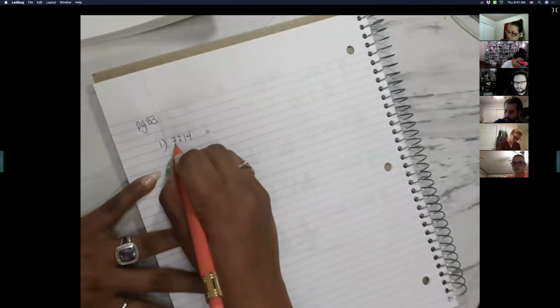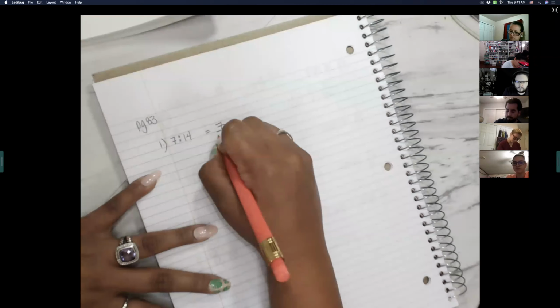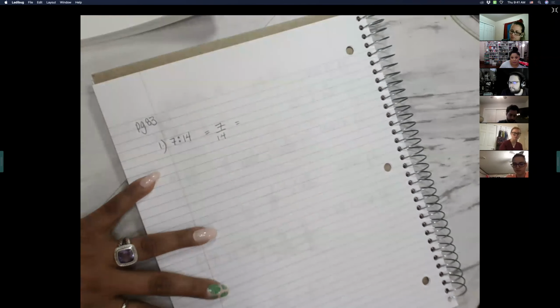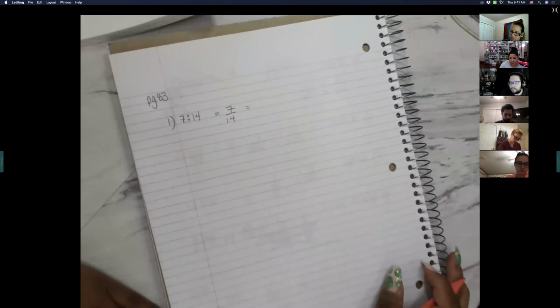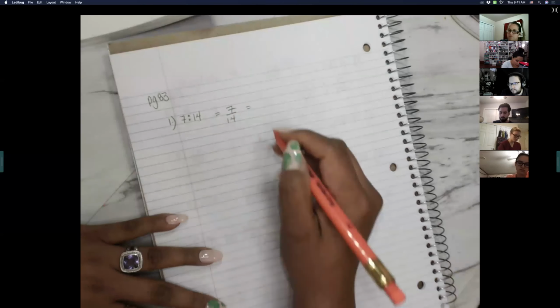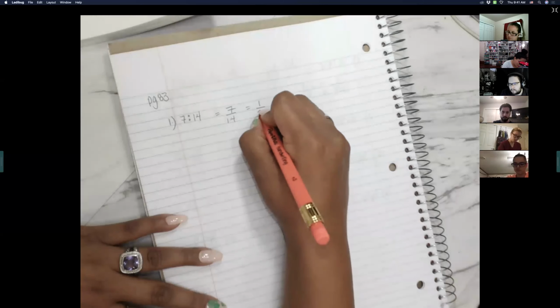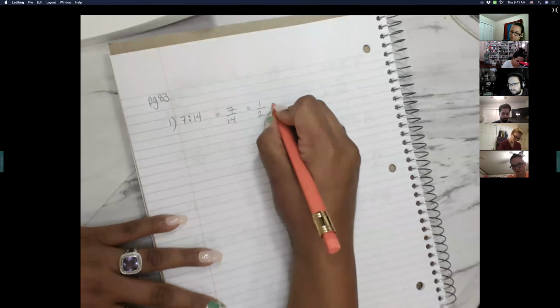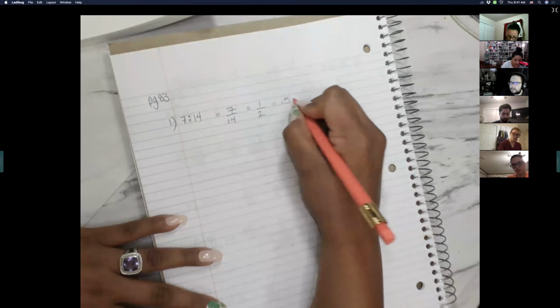So the easiest way you guys are going to do this is take your ratio, set it up as a fraction, and put that fraction in your calculator. This one, 7/14, that's a half, right? So I can reduce it to 1/2, but I want to change that into decimal, so 1/2 is the same as 0.5.